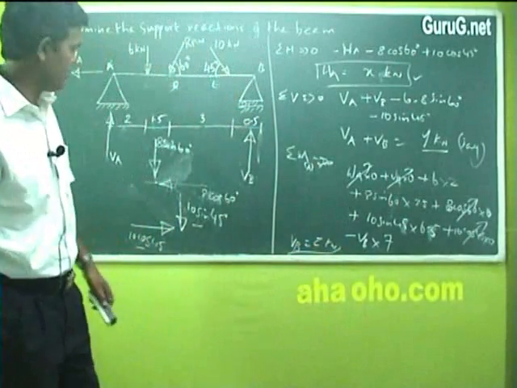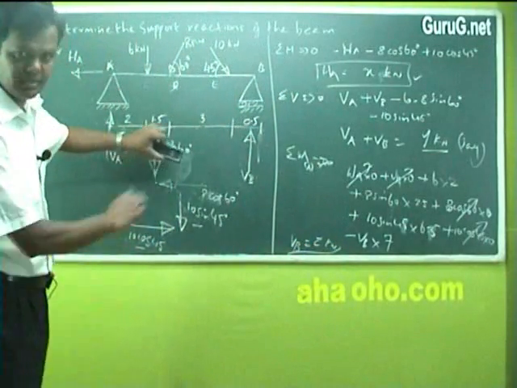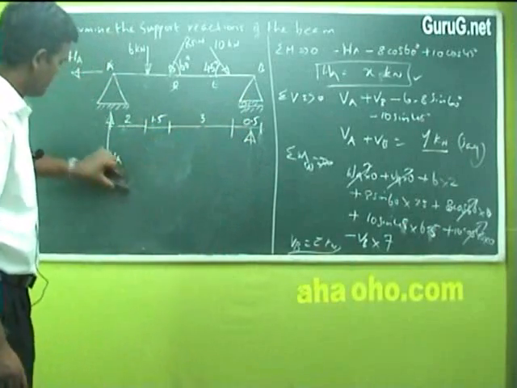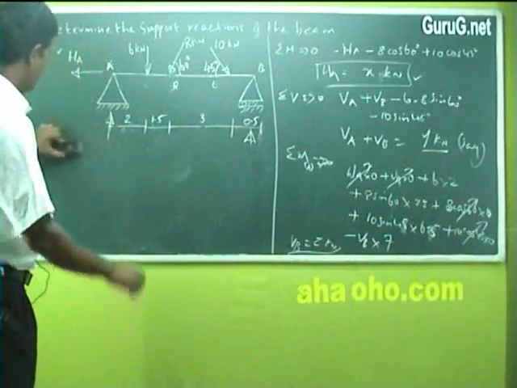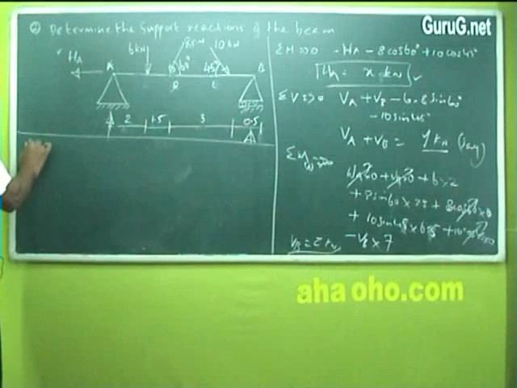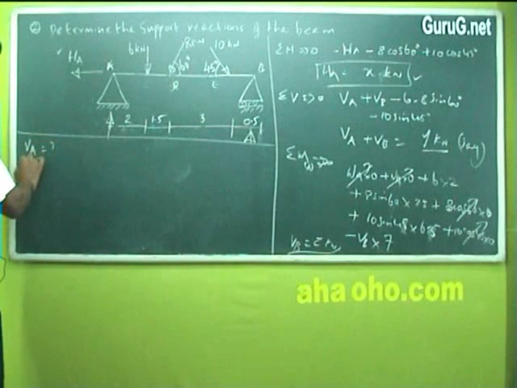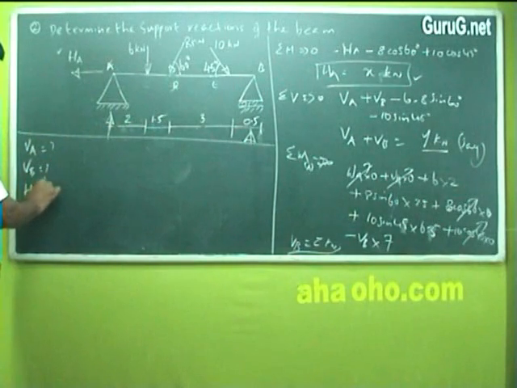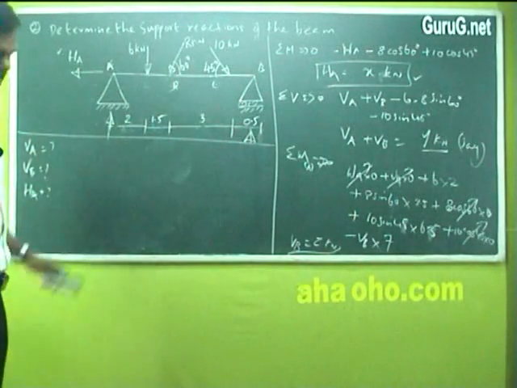So what do you want to find out here? I'll just rub this area to continue. Fine. What you will be finding? You get a value for VA, an answer for VB, and you have HA also. So these answers you will get.